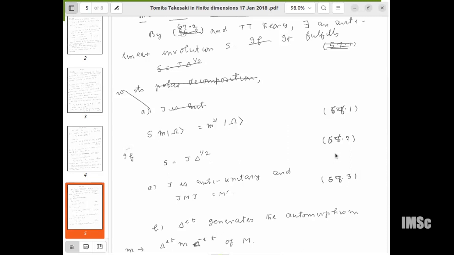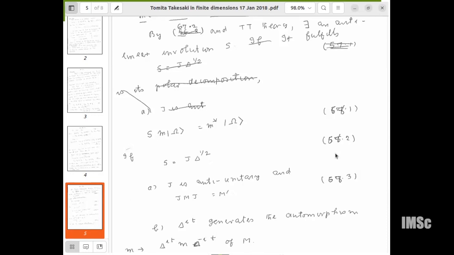And then we can write M as the square root of M star M times a unitary operator. That is the polar decomposition of any operator. It is like writing a complex number as r times exponential i theta. Such a thing exists in finite dimensions as well.